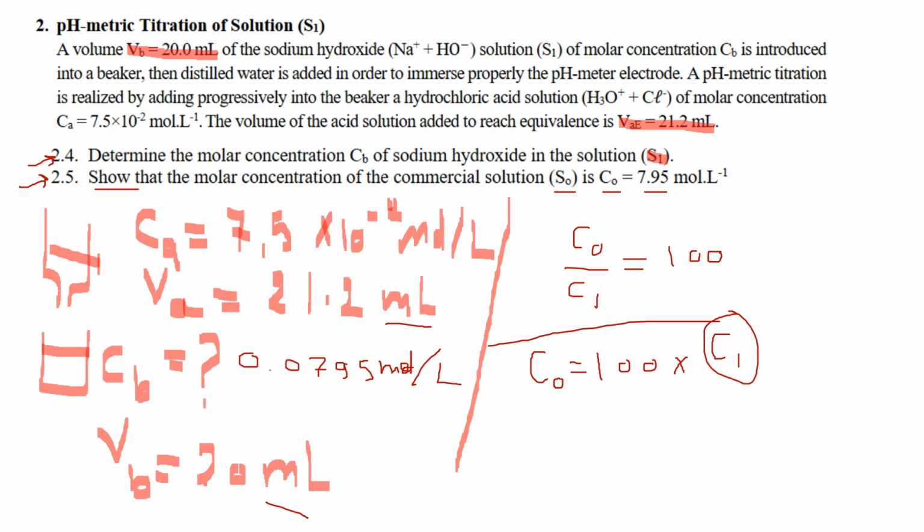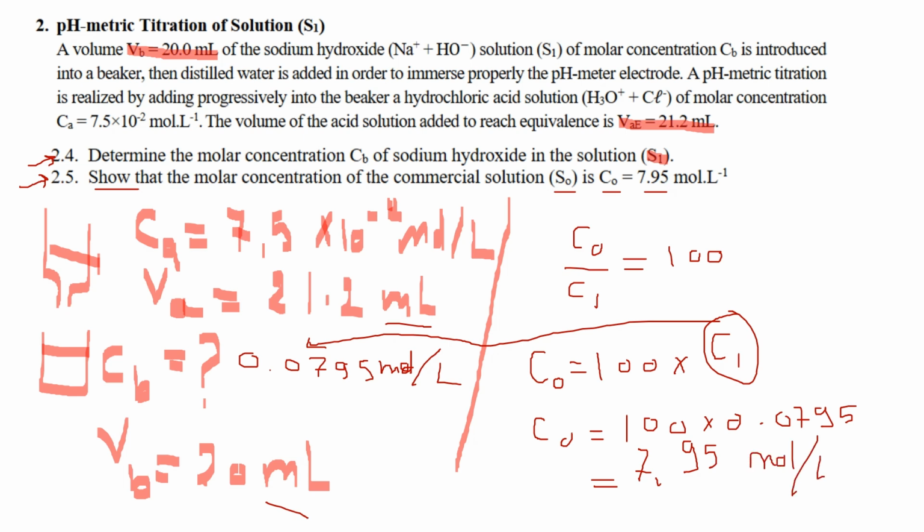C1, this is the base that is used here. So C0 is equal to 100 multiplied by 0.0795, which is equal to 7.95 mole per liter. And this is how we get this number.